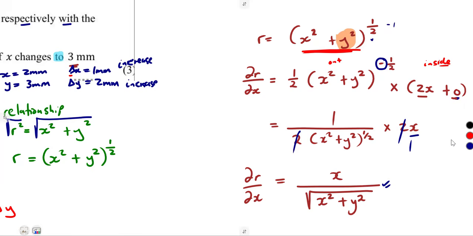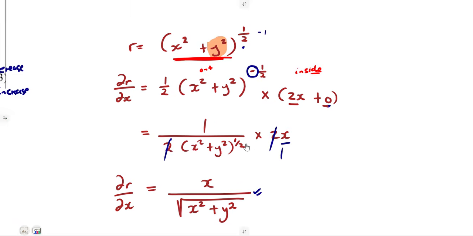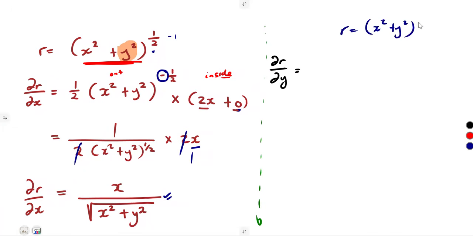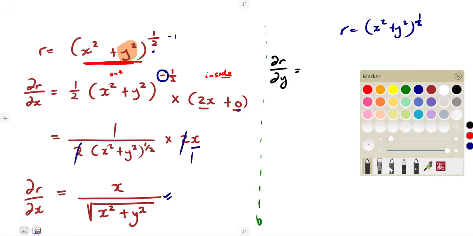So we need the derivative of r with respect to y. Let me just try to have it here. So like I said, here we are just going to have the same presentation as before. So that is the derivative of r there with respect to y. We treat x this time as a constant from what we are given here. So x is our constant this time, but the idea does not change.